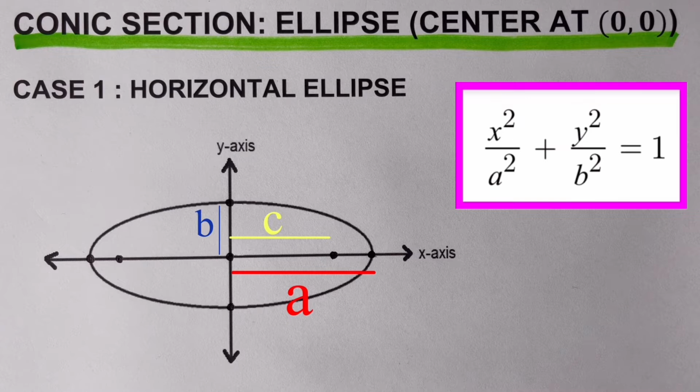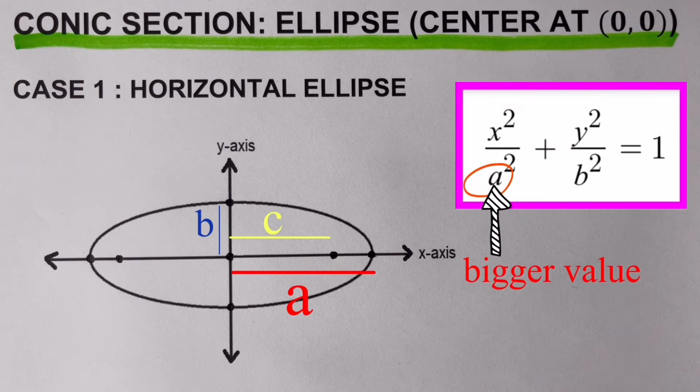Notice that our a is the longer value, because this is half of the major axis, which is the longer diameter. Our a is the denominator of x squared. This means that if the denominator of x squared is bigger than the denominator of y squared, then we have a horizontal ellipse.